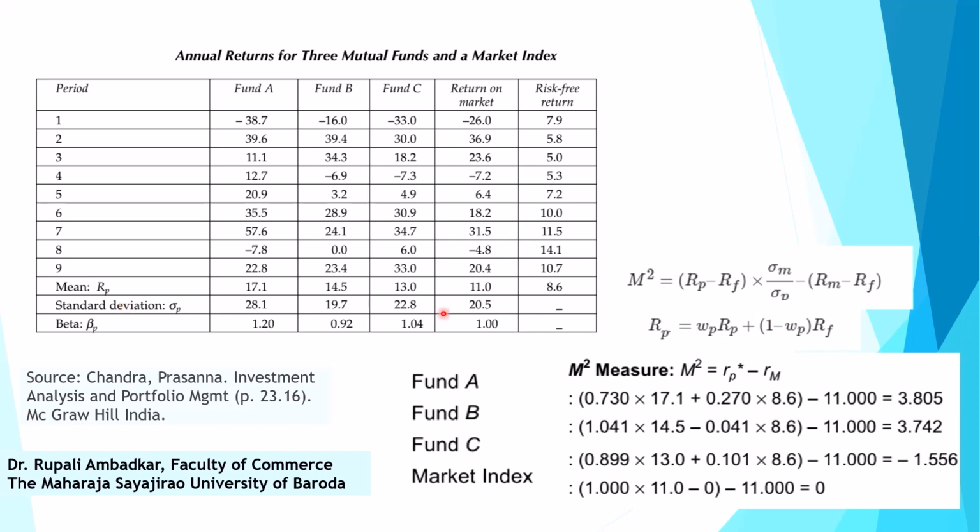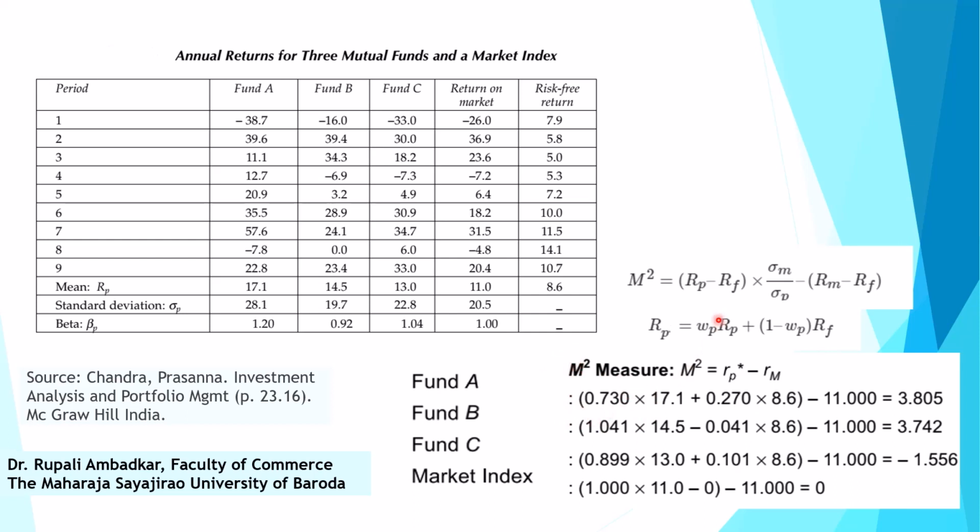What is the standard deviation of the market portfolio? The standard deviation of the market portfolio is 20.5. You divide 20.5 by the standard deviation of portfolio A, for which we are trying to find out the M-square measure, which is 28.1. So 20.5 divided by 28.1, you will have approximately 0.729, which can be rounded to 0.73.